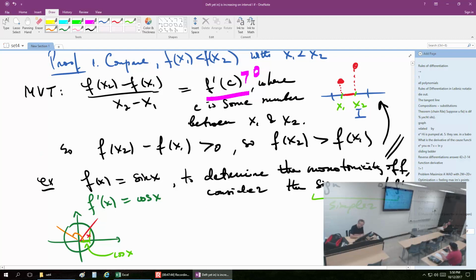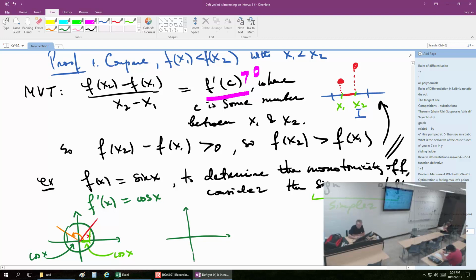If my x is this, then it has a negative value of cosine. So this is also cosine x. As you can see, you can have either sign, positive or negative, depending on the angle.